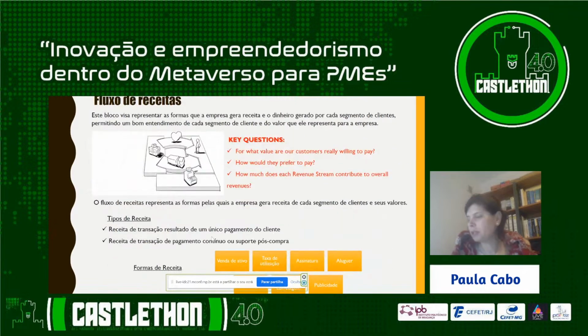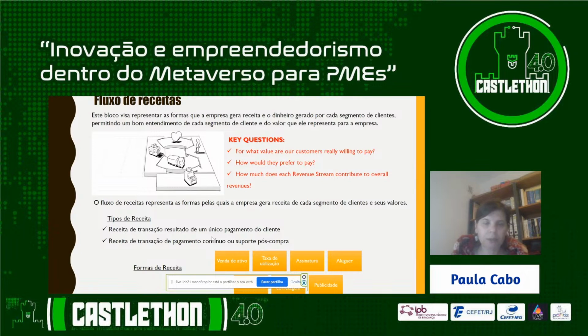So all this has a consequence, a result, that is revenues. The company needs revenues in order to survive. These revenues can come from the sales of products or services, and we need to pay attention to how much the customers are willing to pay for our products or services, and how they prefer to pay.